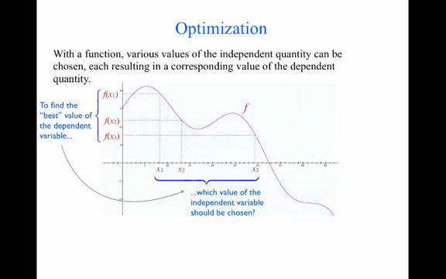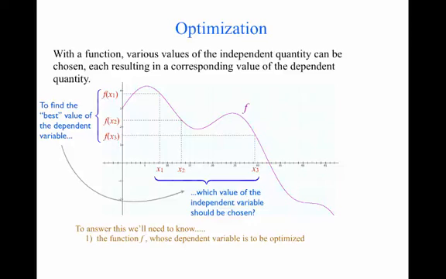In order to talk about this, first and foremost, we're going to need the function f. And what's the deal with the function f? Its dependent variable is the value to be maximized or minimized.